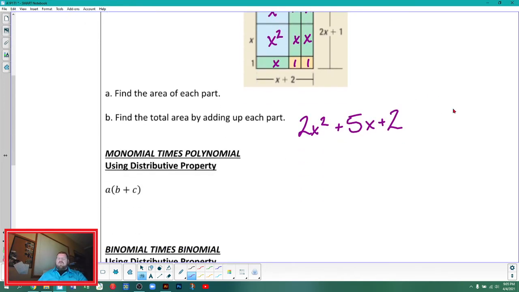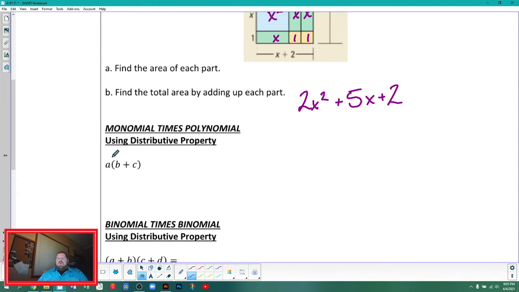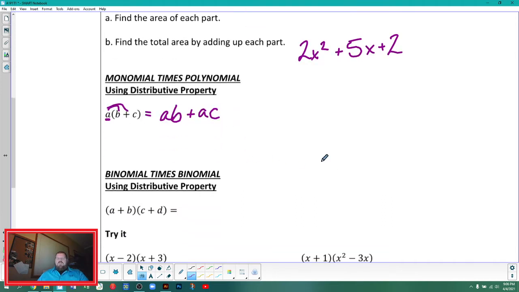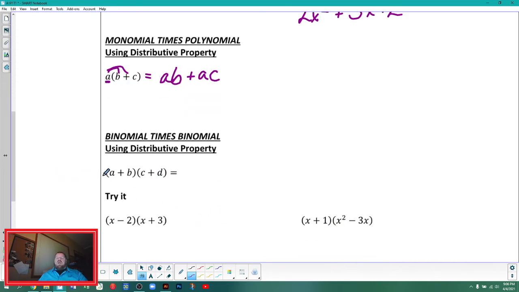I want to start with the first part. That's when we have a monomial, or a single term, on the outside times something with multiple terms. Well, that's just distributive property, and we've dealt with that already. That turns into AB plus AC. When I have a binomial, or something with 2 terms, times something else with 2 terms, I'm going to distribute both the A and the B into those parentheses.